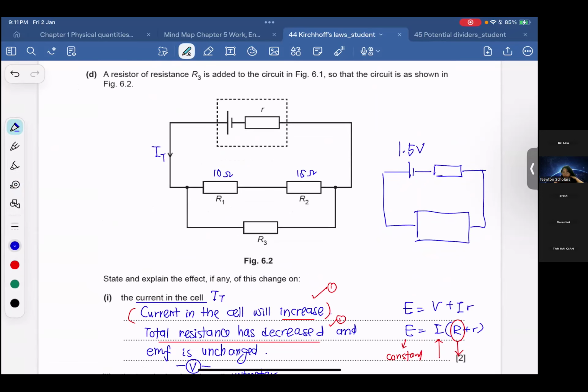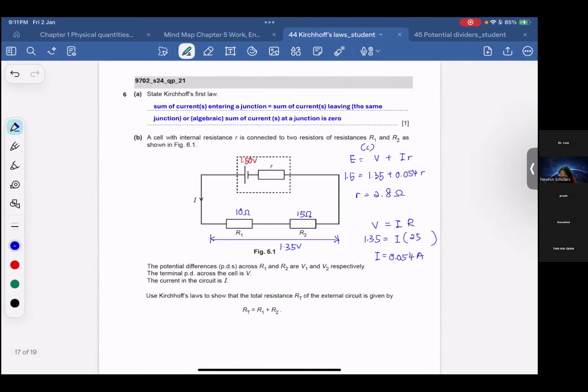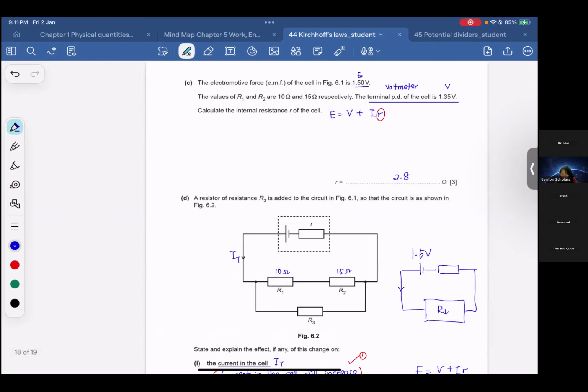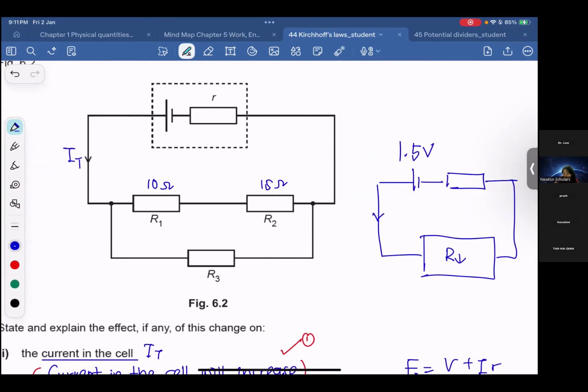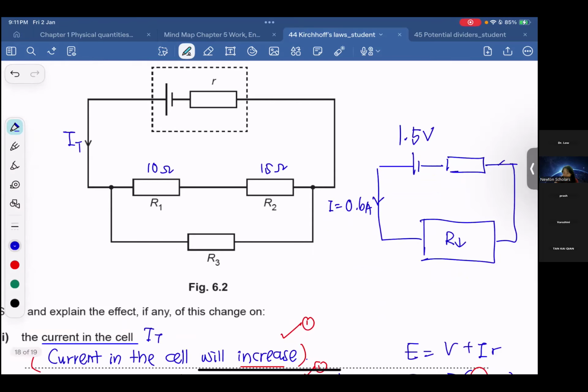Then here it is lower. Just now our current was 0.054. Now our current becomes higher, so maybe I put 0.6 ampere. It becomes a higher current flowing through this small r.